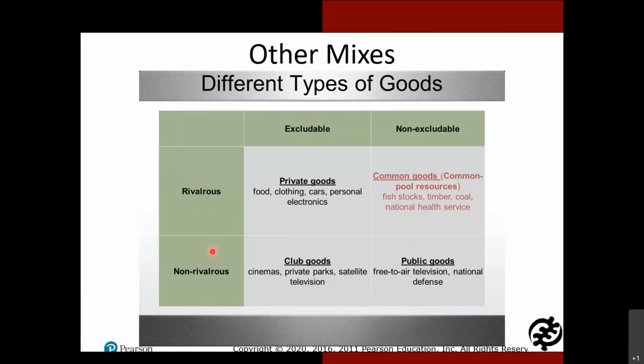As I consume this, hold on a second. That was nice. As I consume that, the act of my consuming it prevents you from consuming the same good, right? My consuming it means you can't. That's a rivalrous good. My beverage right here, there you go, classic example.